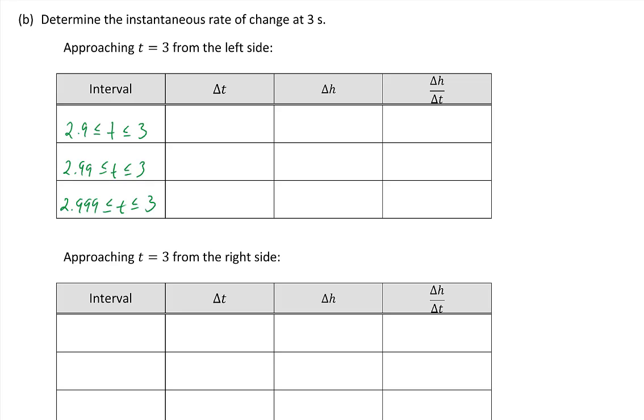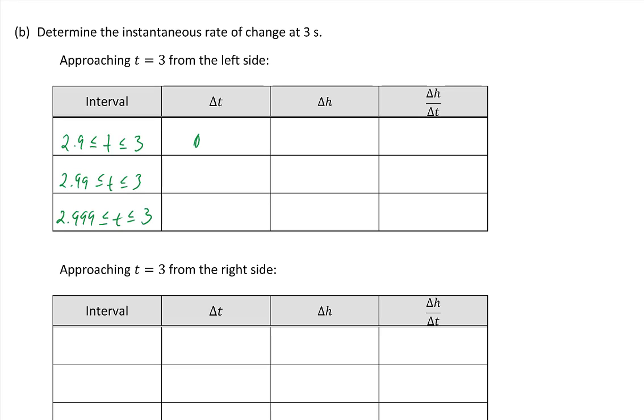Now these are the three I recommend you try, always a tenth, a hundredth, and a thousandth below. Alright, so delta t, that's 0.1, 3 minus 2.9. 3 minus 2.99 is 0.01 and 0.001. Again, notice my delta t is always going to be approaching 0.